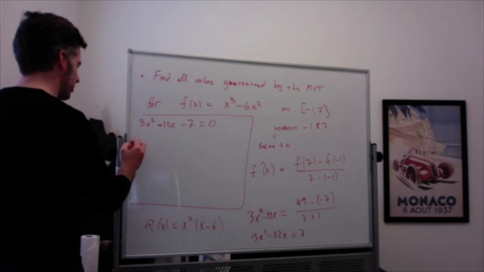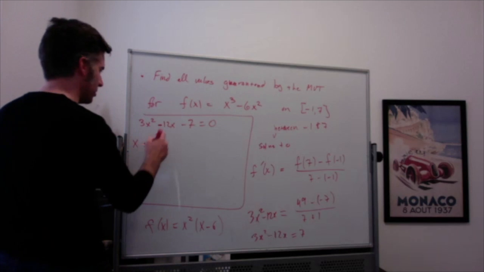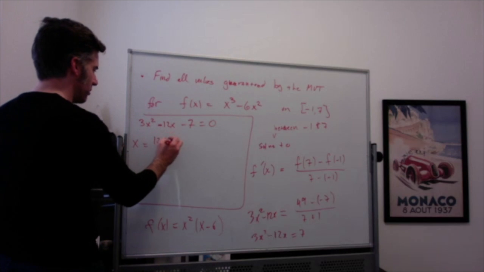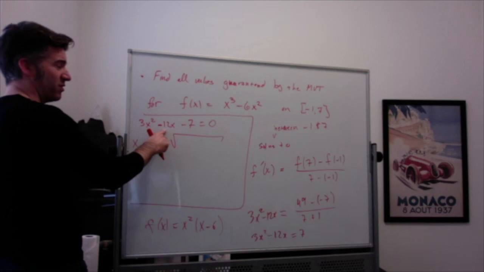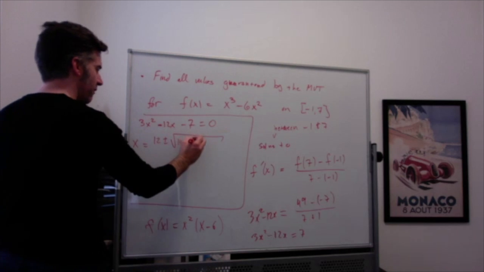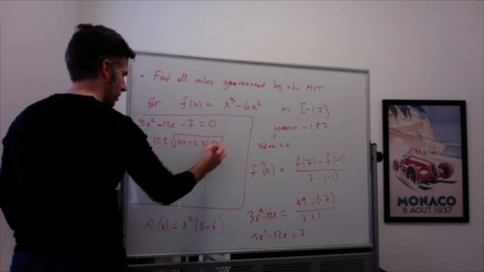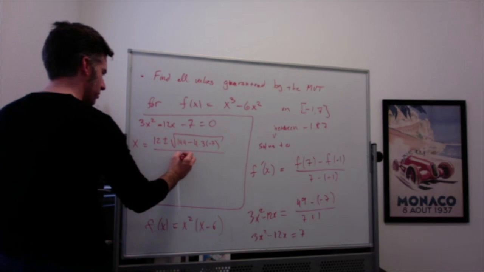So my possible solutions are x equal to negative b plus or minus the square root of negative 12 squared, so 144, minus 4 times 3 times negative 7, all over 2 times 3.